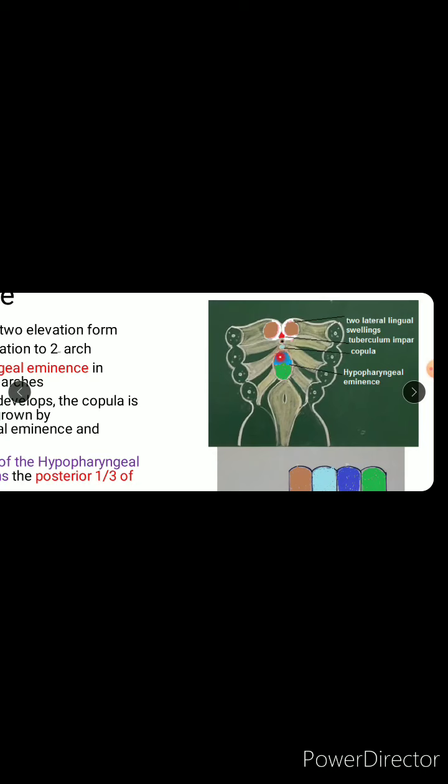This swelling is known as the copula, and the other large oval swelling, formed in relation to the third and fourth arch, is known as the hypopharyngeal eminence. The hypopharyngeal eminence is divided into two by a small sulcus, a ventral part and a dorsal part. The ventral part forms the mucosa of the posterior part of the tongue, while the dorsal part forms the epiglottis.